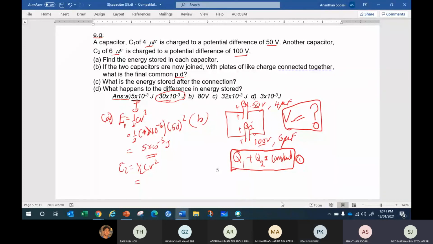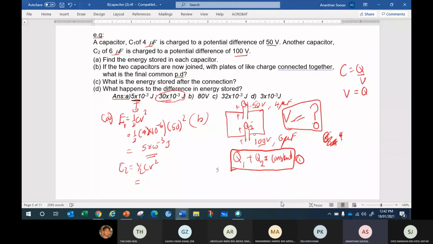Next, when the voltage finally reaches the common voltage, the new charge will be stored in both capacitors: Q1 new and Q2 new. So the voltage is the same. C equals Q over V, right?